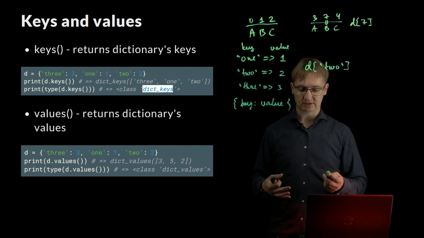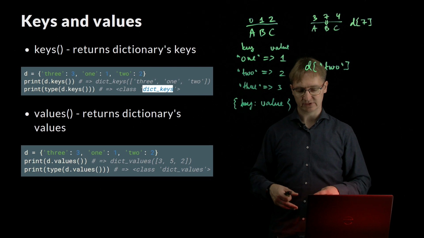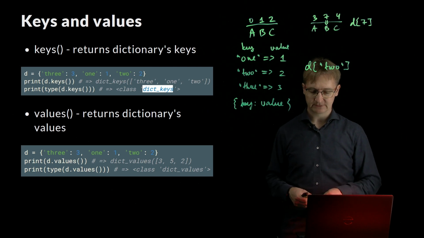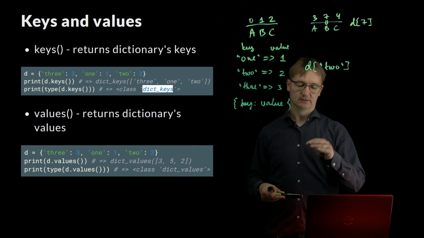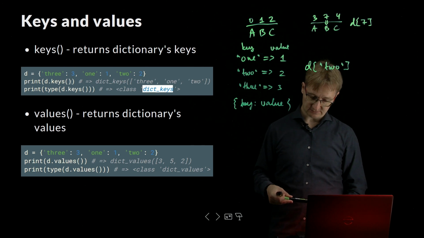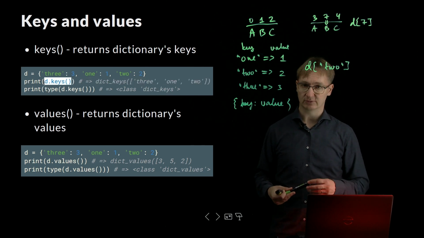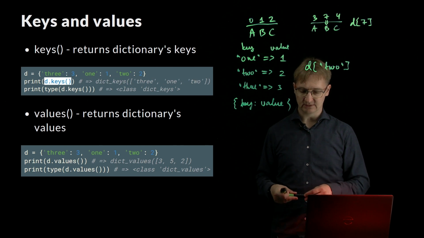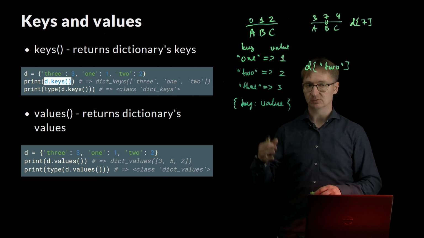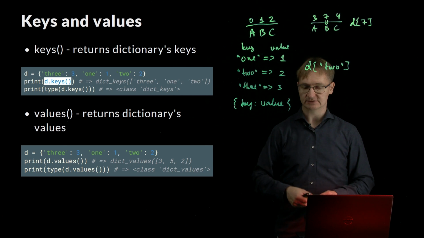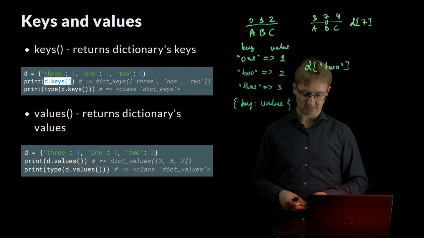But in the end, you can see it as a list, or actually an unmodifiable list. So for example, with d.keys, you can loop over it. You can write for key in d.keys, and then you just work as with a regular list or tuple.